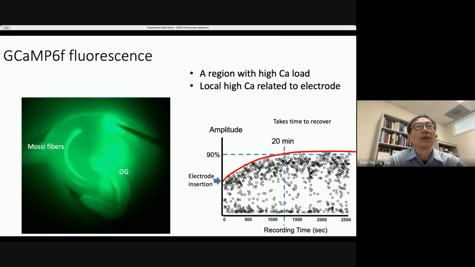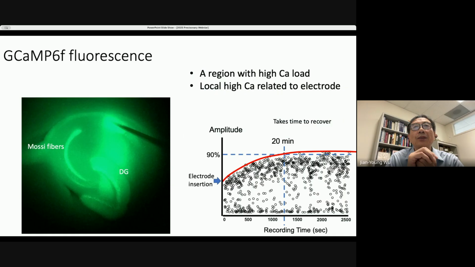The calcium loading usually doesn't give very good sharp wave signals. The third high calcium loading area is surrounding the electrode. If you advance the electrode not too carefully, you create a little micro damage to the tissue, and the high amplitude sharp waves you care about are from the tissue surrounding the electrode.